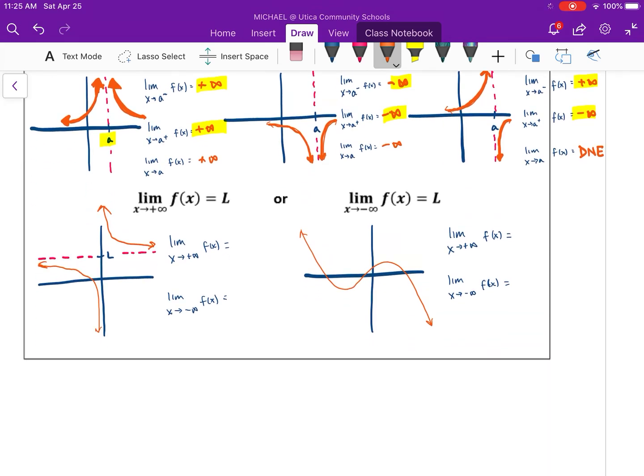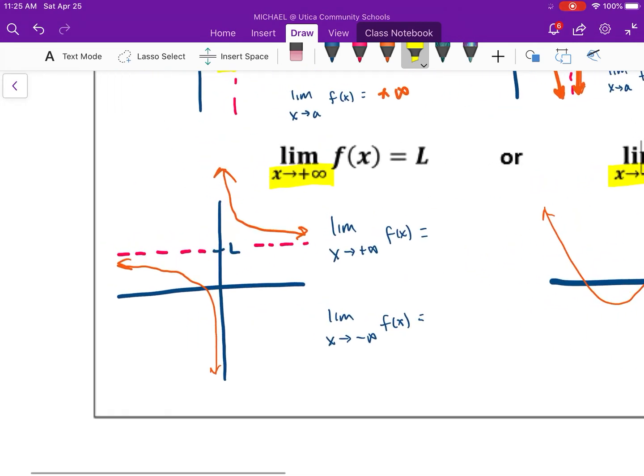The second type that we're going to look at is what happens when our x values continue to get larger, either towards positive infinity or smaller towards negative infinity. So let's take a look at this first example. We have the limit as x approaches positive infinity.